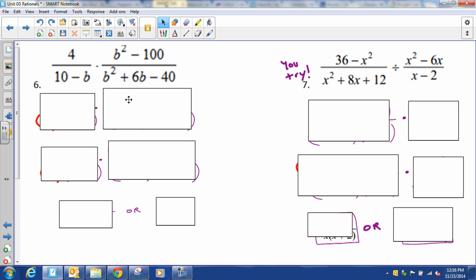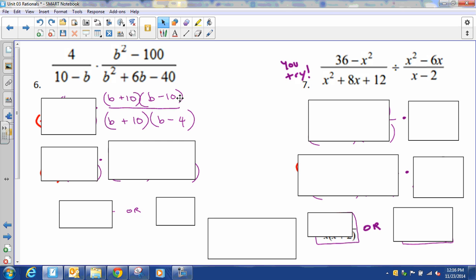Number 6. Here we have another difference of perfect squares, so we have b plus 10, b minus 10. The denominator is a trinomial, so we'll factor this: b plus 10, b minus 4. And here we notice the 10 minus b doesn't quite match the b minus 10. Again, they are opposite factors, so we have to extract the negative 1, and we end up with our desired binomial here: negative 1 times negative 10 plus b.